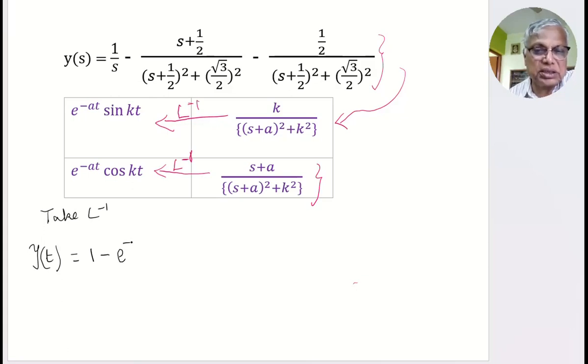A is half, so e power minus half t into cos kt. What is k here? K is root 3 by 2. So this is the inverse of second term.